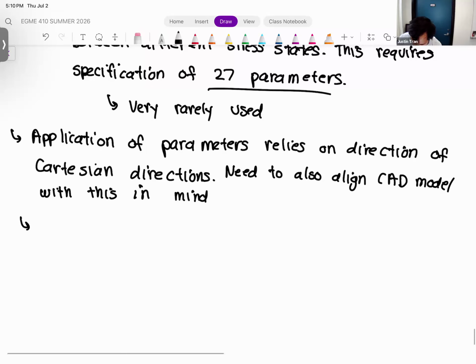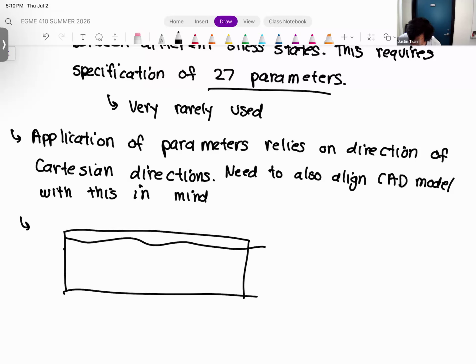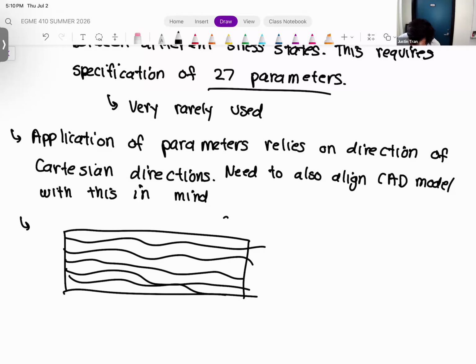So for example, let's say you have a material made of wood. It has fibers that are running in this direction here. If you wanted to run a simulation on this in ANSYS, you have to align your CAD model and arrange for that to align perfectly with how you define the material properties so that the increased strength is in that direction.